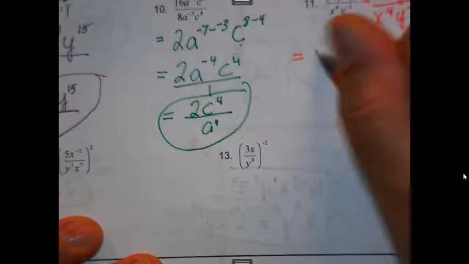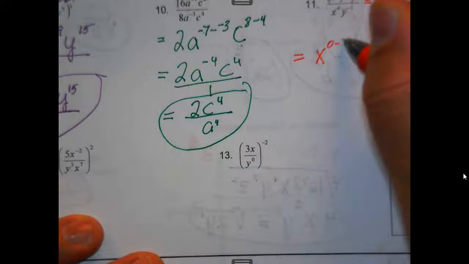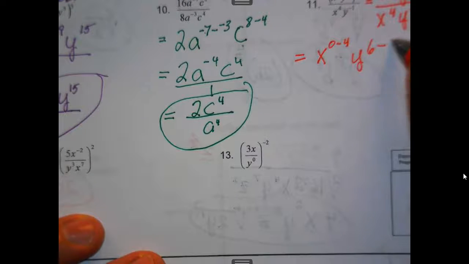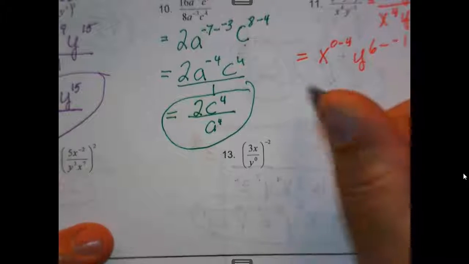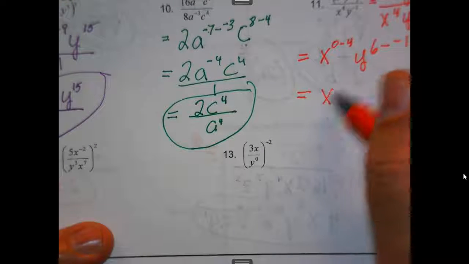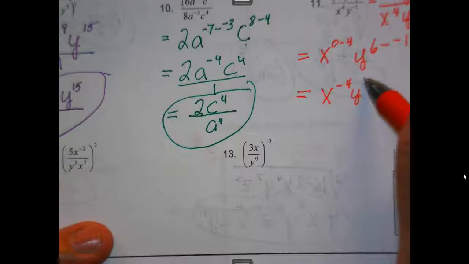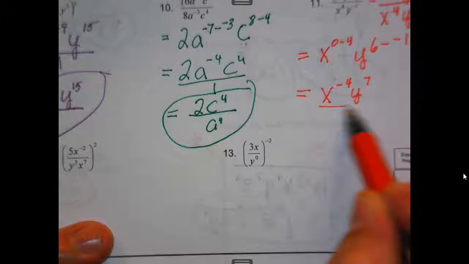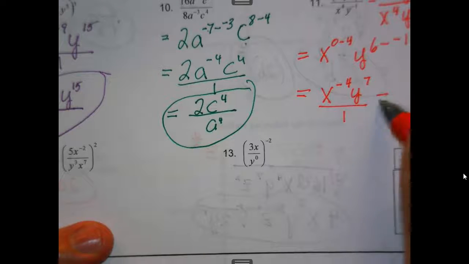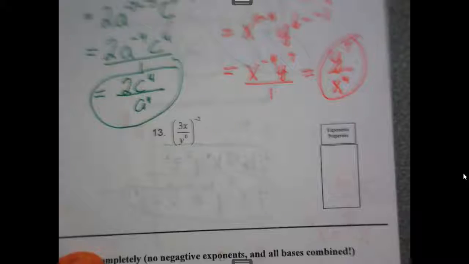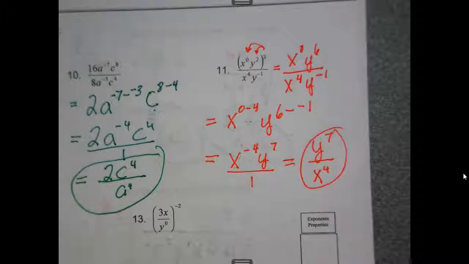X to the 0 minus 4. Y to the 6 minus a negative 1. Gives me x to the negative 4. Y to the 6 plus 1 is 7. I have a negative exponent, so I need to put that in the denominator, make it positive. ¿Comprendes? Are we good?